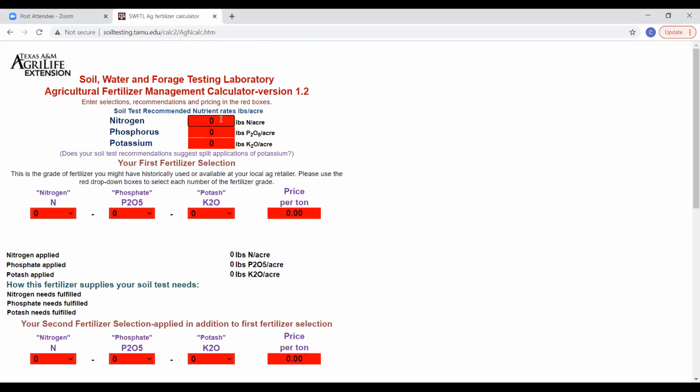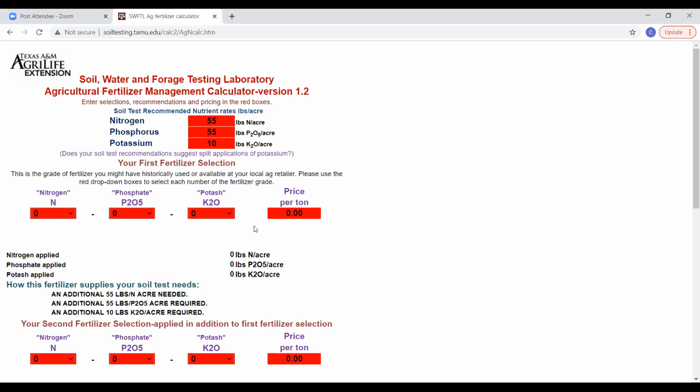This particular soil test requires 55 pounds, and I'm typing as we go along, just as if you were doing it. We're live typing this in: 55 pounds of nitrogen, 55 pounds of P2O5, and 10 pounds of potassium. Right up here at the top, we type that in. And we'll do it for every soil test that I'm going to show you today.